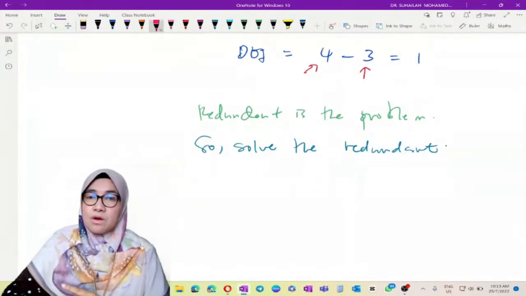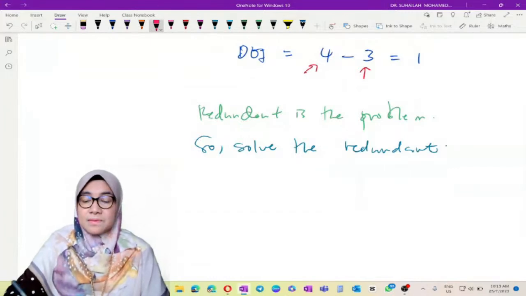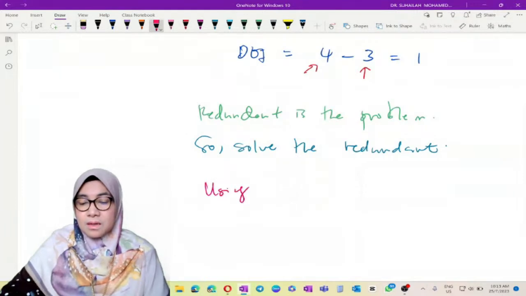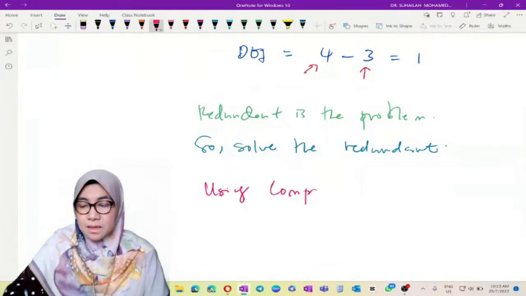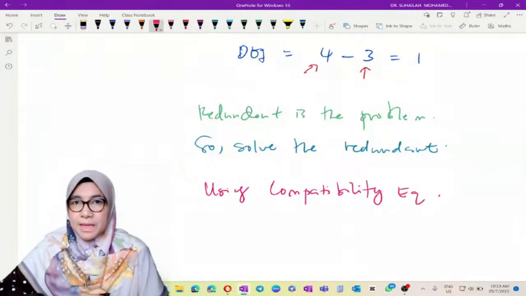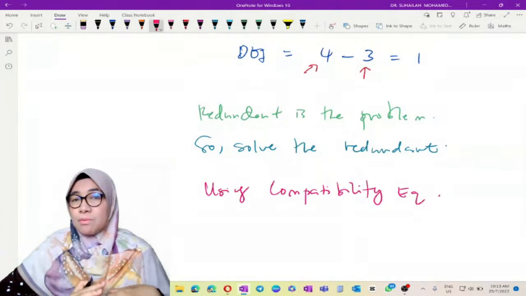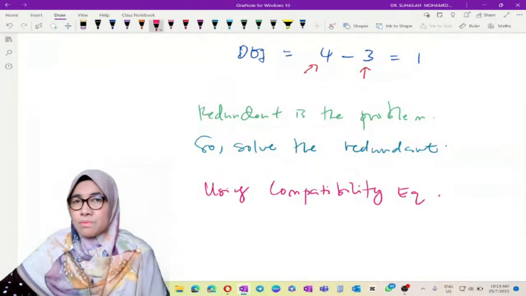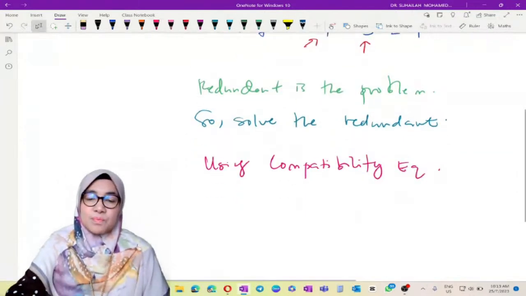Compatibility equation is actually the equation that we derive from the principle of superposition.